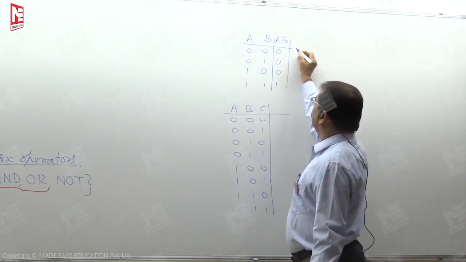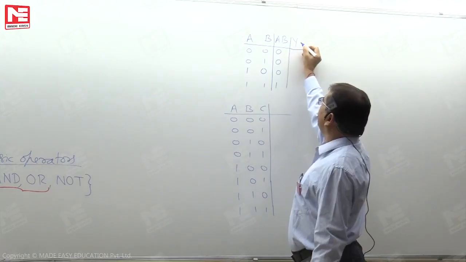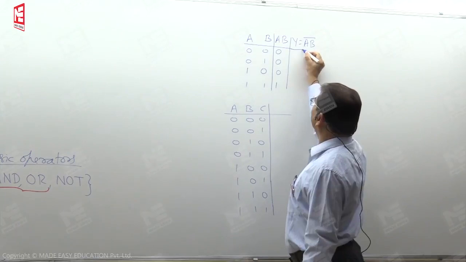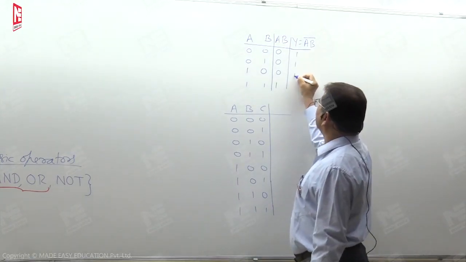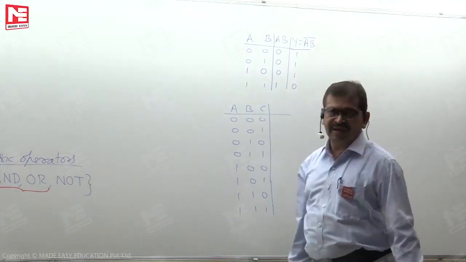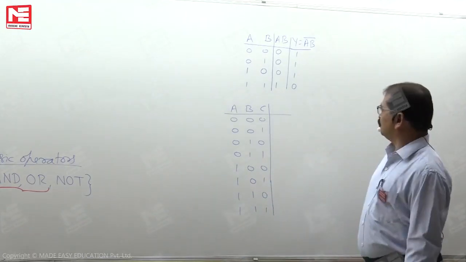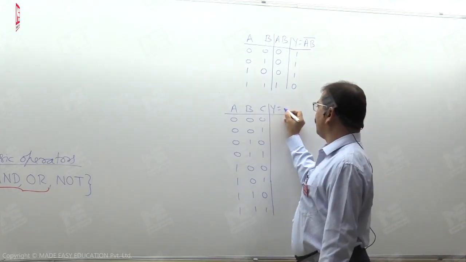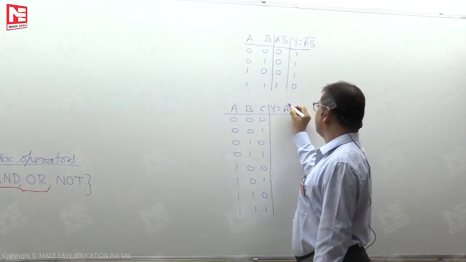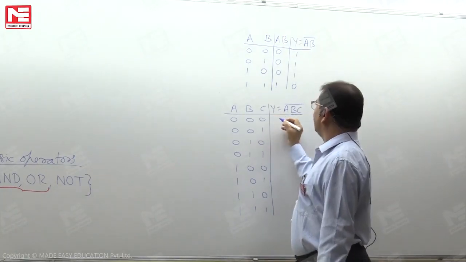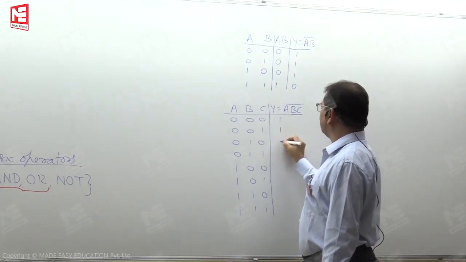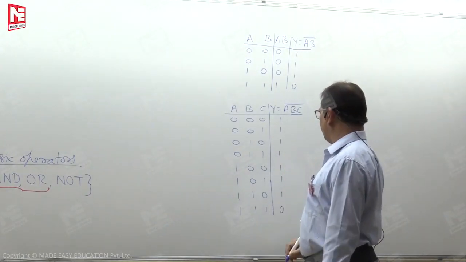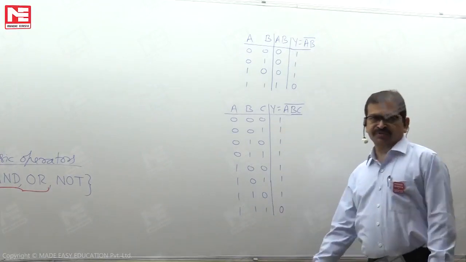The NAND operation is the complement of AND, so except the last row, for the remaining rows we have 1, and for the last row it is 0. Similarly, in the three variable case, except the last row, for the remaining rows the result is 1, and for the last row the result is 0.